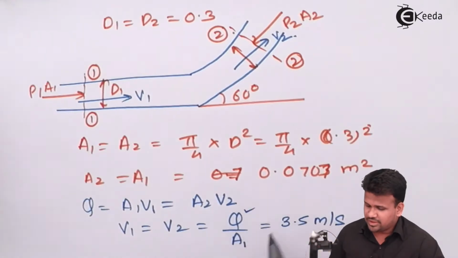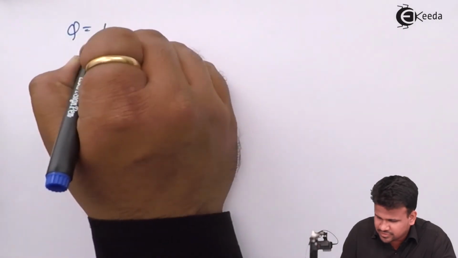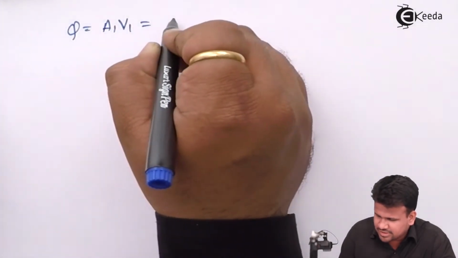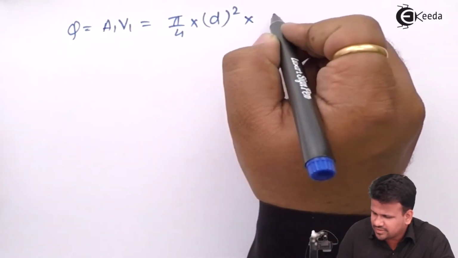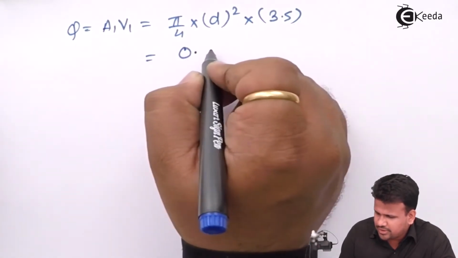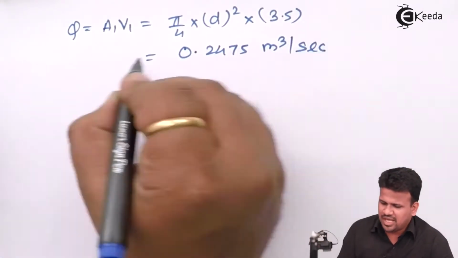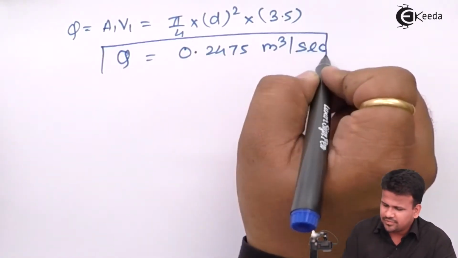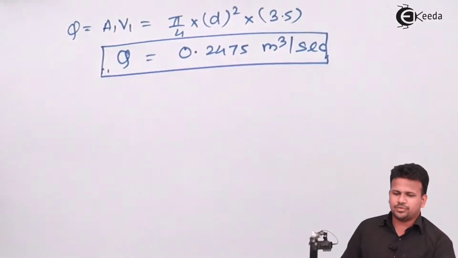Now we'll calculate what Q is, the value of the flow rate. Q will be equal to A1 V1, so this is pi by 4 into d square into V1, that is 3.5. This will come out to be 0.2475 meter cube per second. So we have evaluated the value of discharge in meter cube per second.